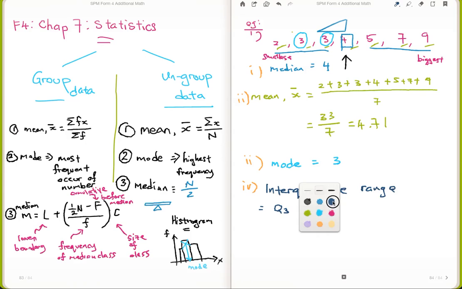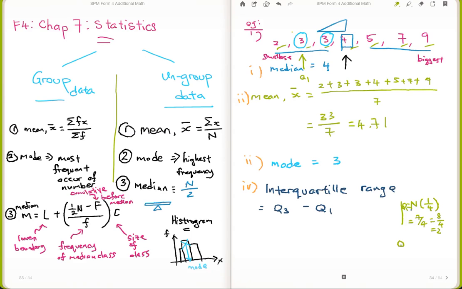As a side note, n times 1 over 4 gives the first quartile, Q1, so therefore it's 7 over 4. 7 is an odd number, make it even, you plus 1, becomes 8 over 4, so therefore it's 2. So the second number represents your Q1.